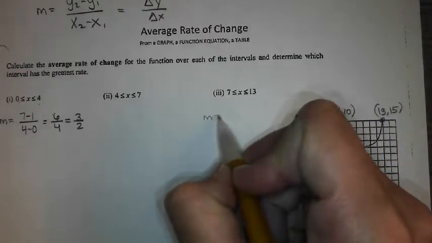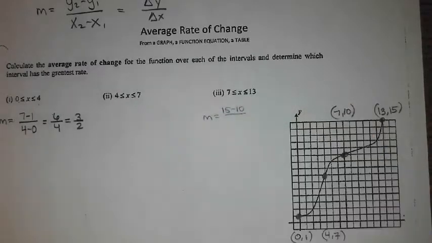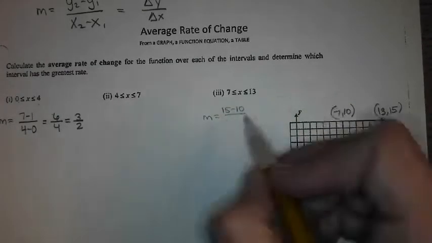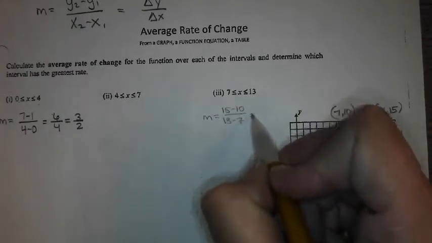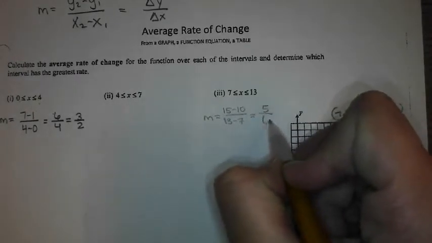So our slope for that is going to be 15 minus 10, that's y minus y, over 13 minus 7, that's x minus x. So we get 5 over 6.